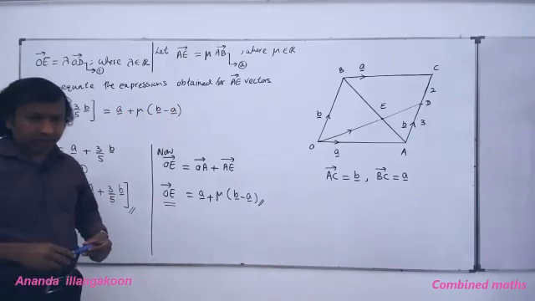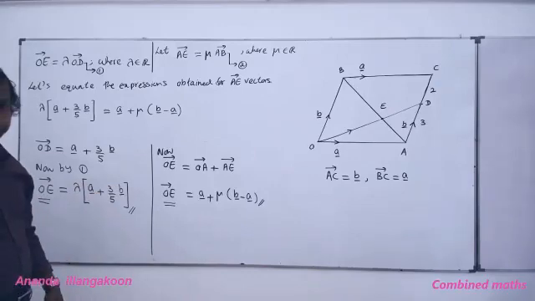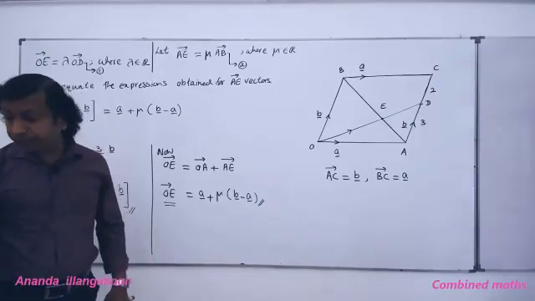I think you can clearly understand after this, right? What we did is equate the right hand sides of the OE vectors we obtained. They can be equated because the left hand side is the same in both expressions, so the right hand side should definitely be equal. That's a very obvious thing, right?